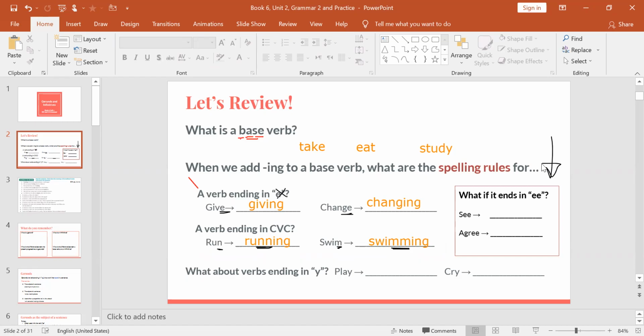What if the verb ends in EE? That's new, right? We have see and we have agree. What do you think happens when you add the ing? Do any spelling changes occur? You should have a pen and paper with you and your book, so write down these words and add the changes and see what you get.